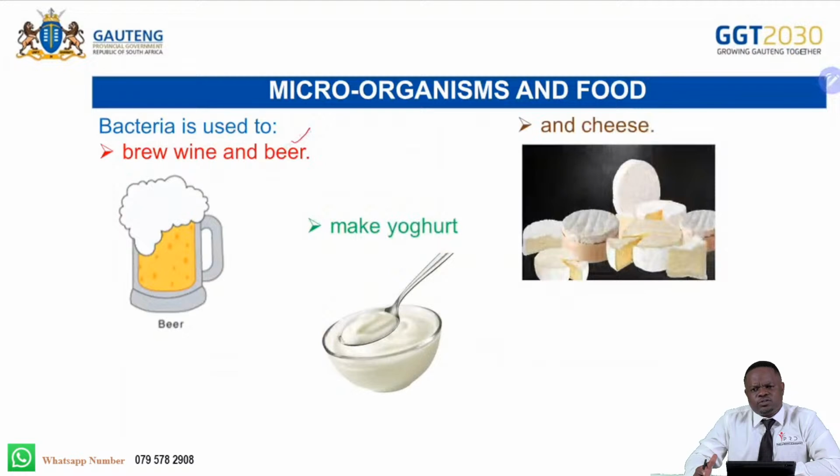So I guess by now you are realizing that as much as we talked in our previous lesson about how small microorganisms are, that we cannot even see them with our naked eyes, even as small as they are, they are very important, especially when it comes to the food that we eat and love. So take note of these products that are produced using bacteria.